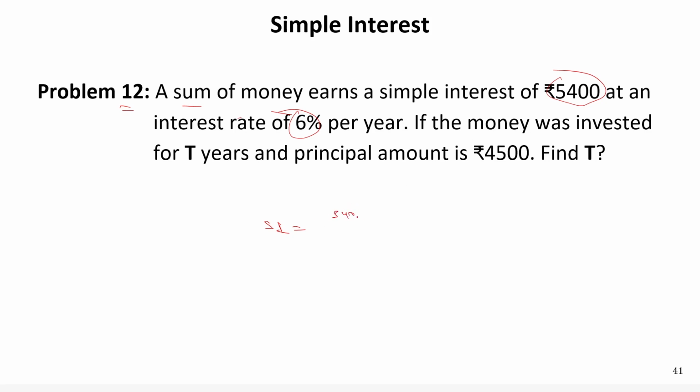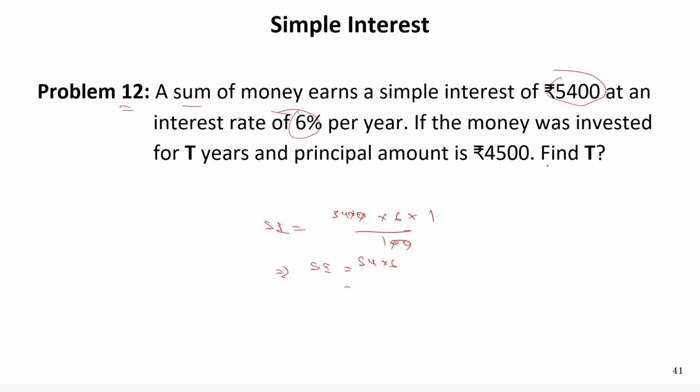So it is 5400 into 6 into T by 100. Let's convert the zeros, so it will be 54 into 6. Okay, this is equal to whatever it is.